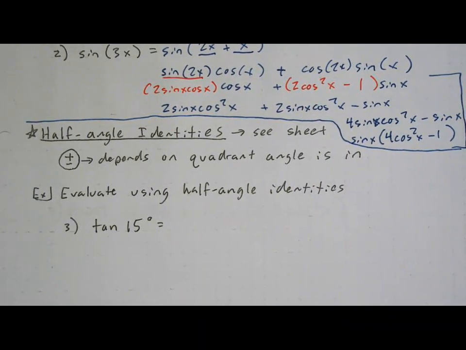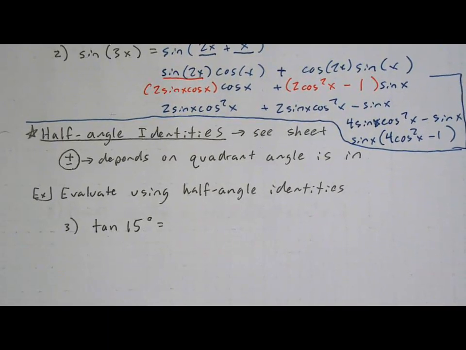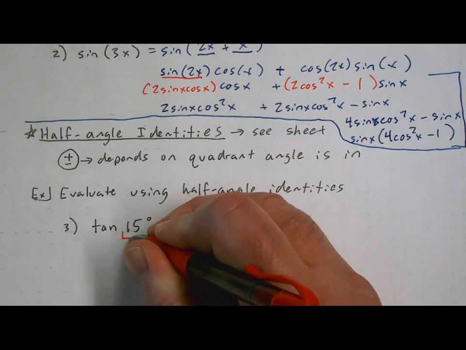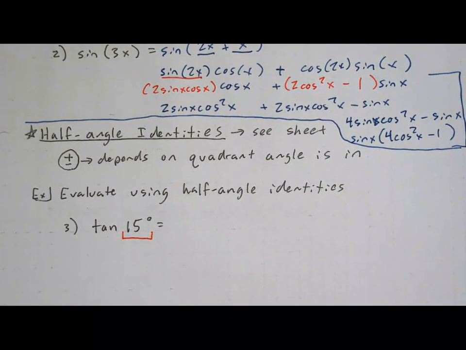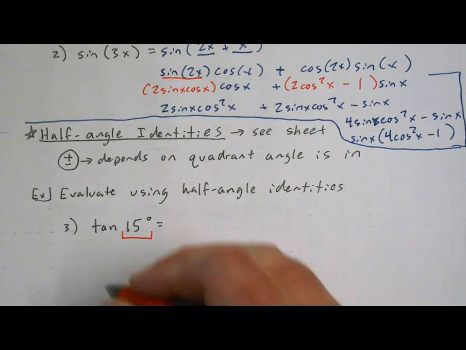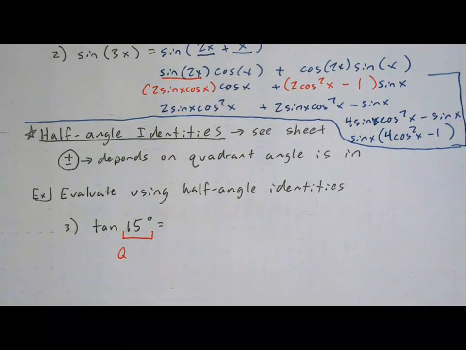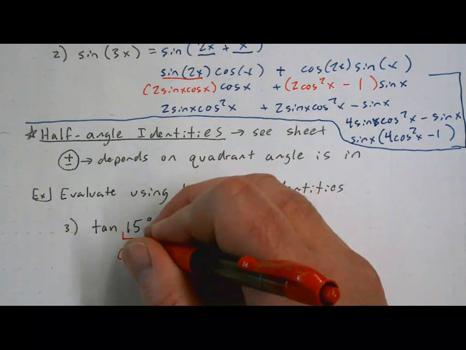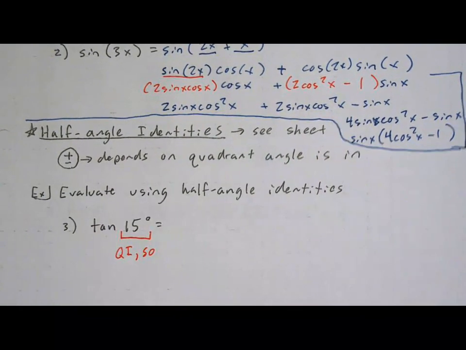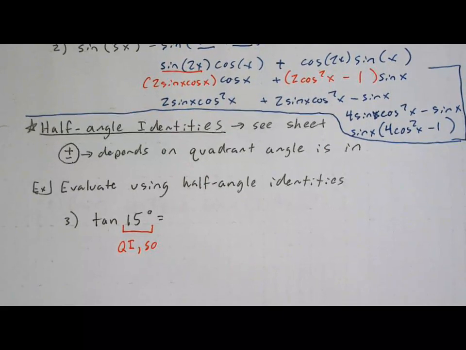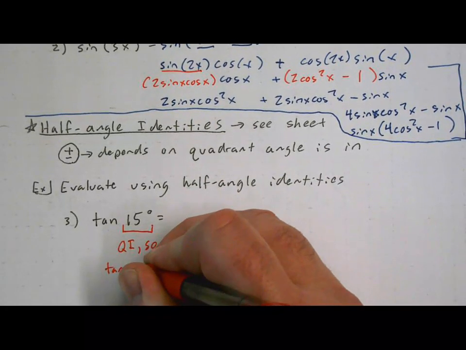And like anything else, I usually try and do it straight at the beginning of the problem so I don't forget to do it at the end. So I'm going to do that for this one. First thing I'm going to do is think about the angle 15 degrees and ask myself, where is that? What quadrant is that in? 15 degrees is in quadrant 1. So what's that mean about tangent? In quadrant 1, tangent is positive.